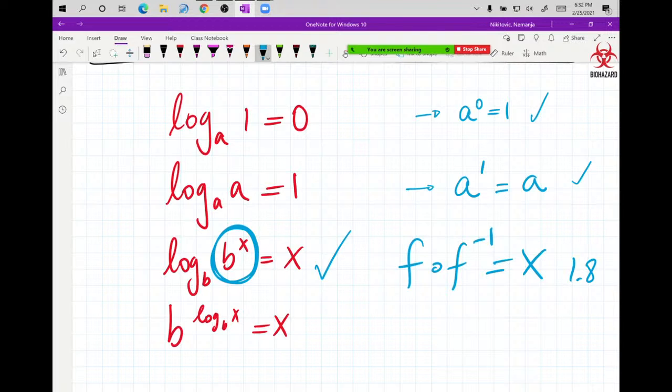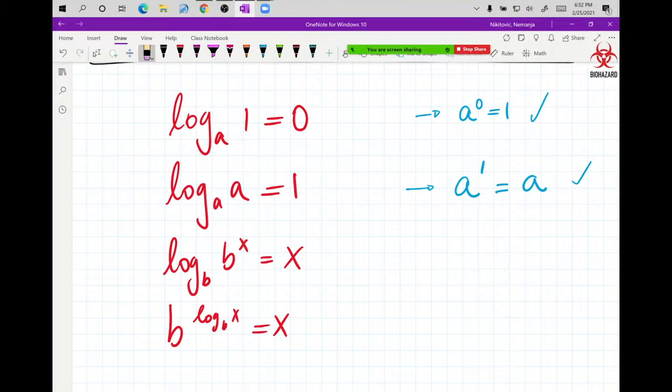But now you can expand your 1.8 repertoire with these guys.